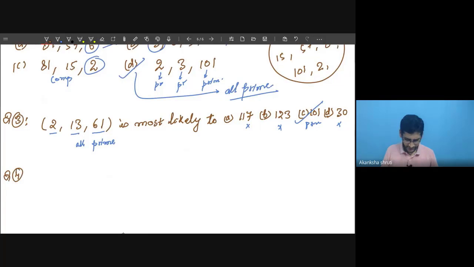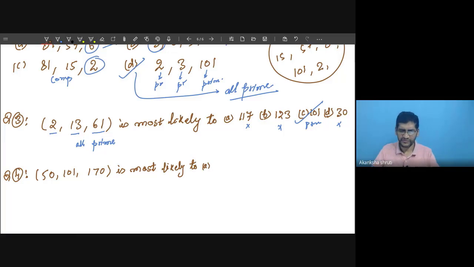Let me take the fourth question. Write this in the pair form itself: 50, 101, 170 is most likely to the option 1. Let us take a few options.